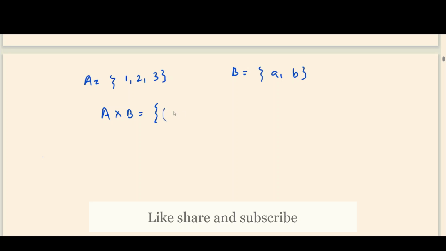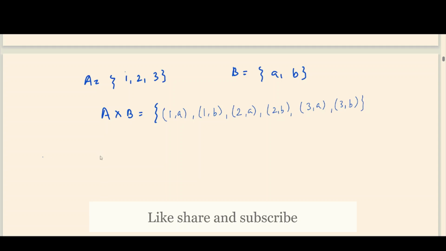In the parentheses, the first element will be from A and the second element from B, and all the possible pairs will be made. So 1 is paired with a, 1 with b, 2 with a, 2 with b, and 3 with a, 3 with b. So that is A cross B.